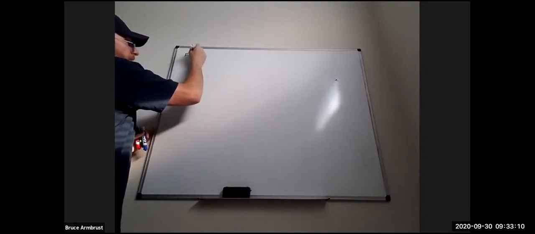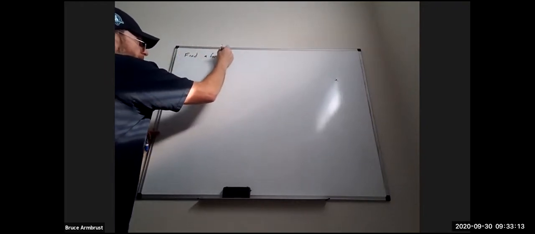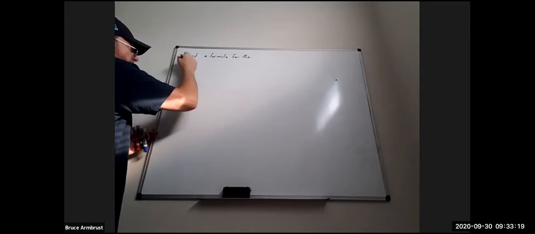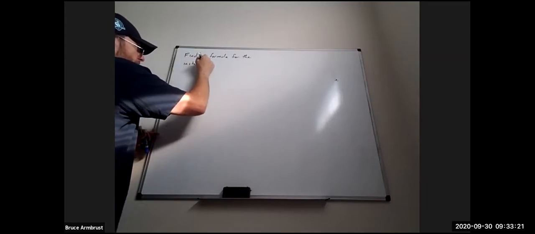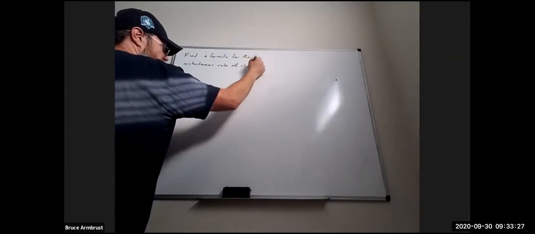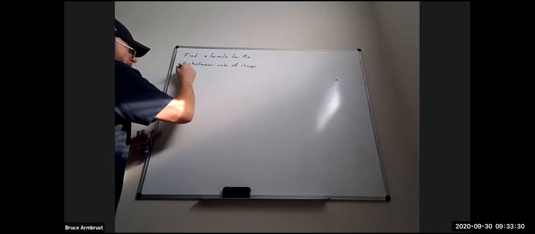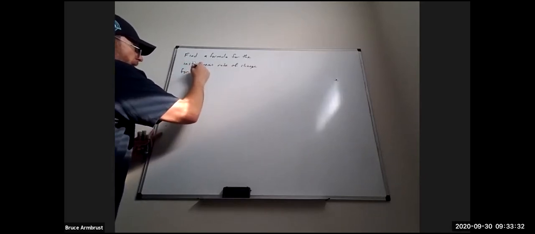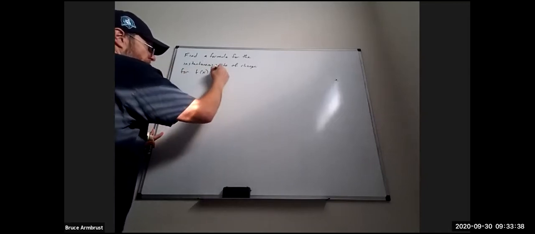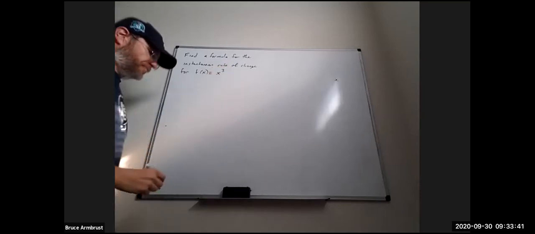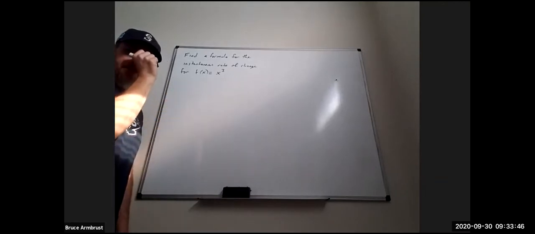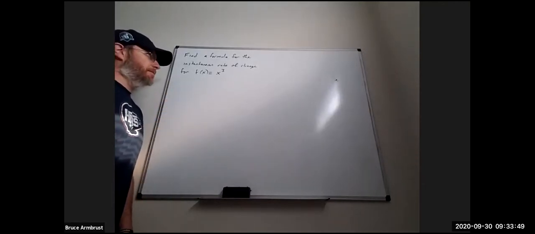Let's find a formula for the instantaneous rate of change for f of x equals, and you know what, let's do x cubed. So just a real basic polynomial. It's not just x squared, it's a little bit more complicated, but let's look at just x cubed.